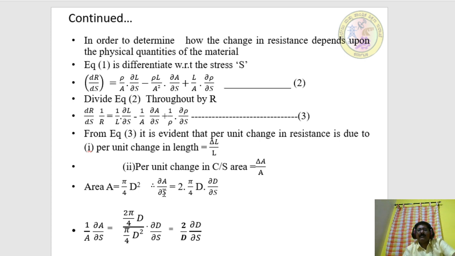Then dou A by dou S is equal to 2 into pi by 4 d dou d by dou S. Finally, when you simplify this equation to extract 1 by A dou A by dou S, taking pi by 4 d square to the numerator, it is equal to 2 by d dou d by dou S. Rearranging the terms.